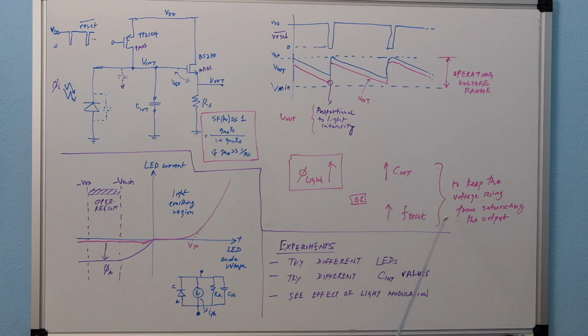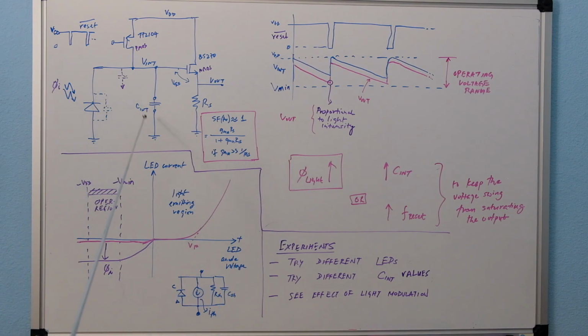If you make this frequency higher, you can again do this quicker, and so if it's a very sharp fall off because you have a large light and this discharge is faster, then you can do the resets more often, and so you get a different frequency out of this thing, but it will still discharge linearly down to that value before you reset it. So those are the different trade-offs you have when you have different LEDs.